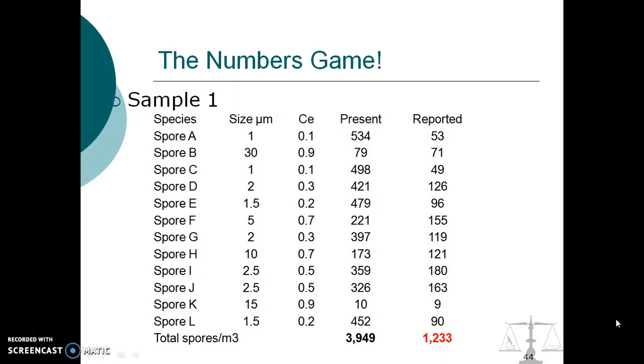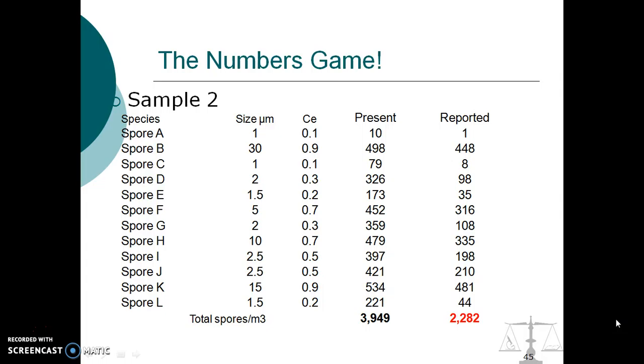Now, let's take a look at our inside spore concentration. We have exactly the same spore profile, and therefore obviously the same sizes and the same collection efficiencies. The individual components of each spore type, however, are a little bit different. So the spore profile is the same, but the concentrations of each individual component are going to be slightly different.